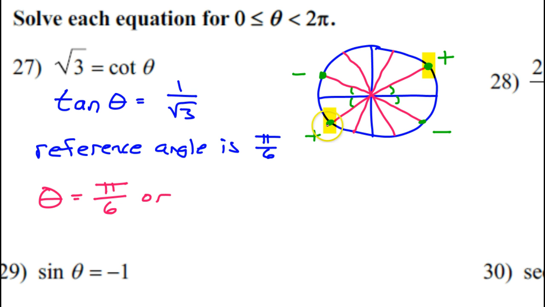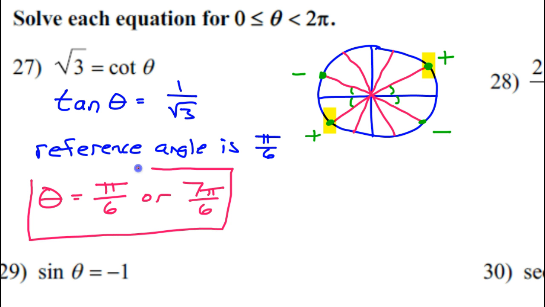But we also have this one over here. So what's that? Well, this is 1 pi over 6, 2 pi over 6, 3 pi over 6, 4 pi over 6, 5 pi over 6, 6 pi over 6, 7 pi over 6. So 7 pi over 6. So those are the two answers to the question.